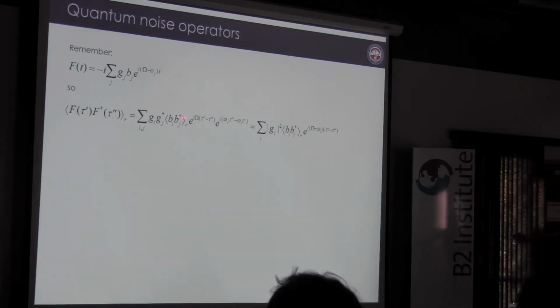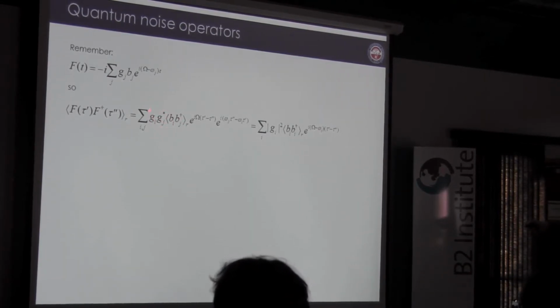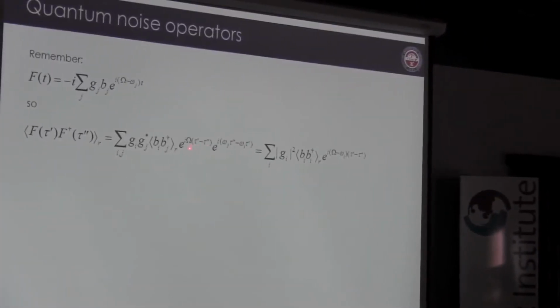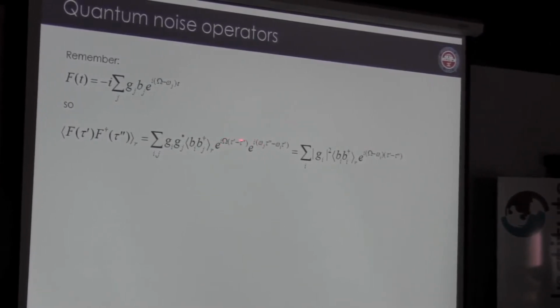So here are these sums I was talking about. They have some numerical coefficients related to the coupling constants. And remember, these are due to the fact that we're in the interaction picture. These are just the frequencies, the free evolution of the system and the reservoir respectively.